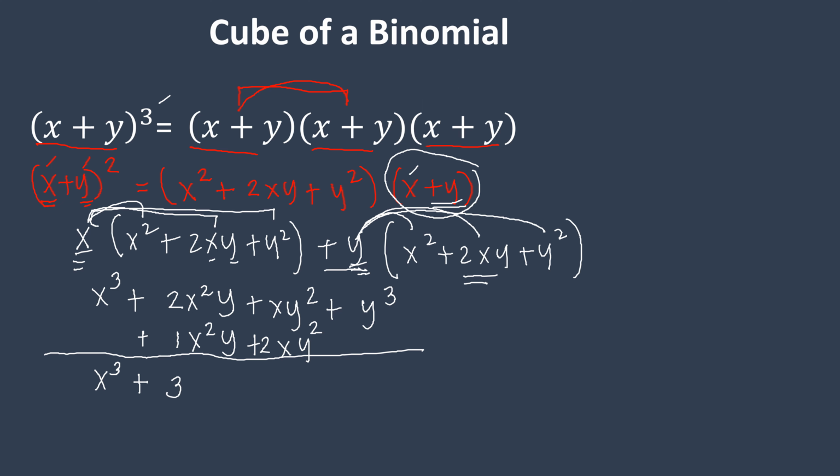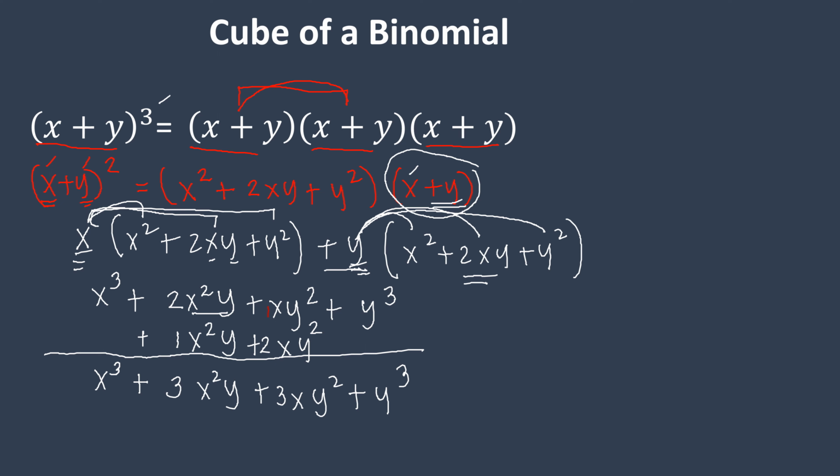You just add 2 plus 1 equals 3. Then you just copy the x squared y. And followed by, again, there is an imaginary 1 there, so we have 3xy squared, and then bring down the y cube.